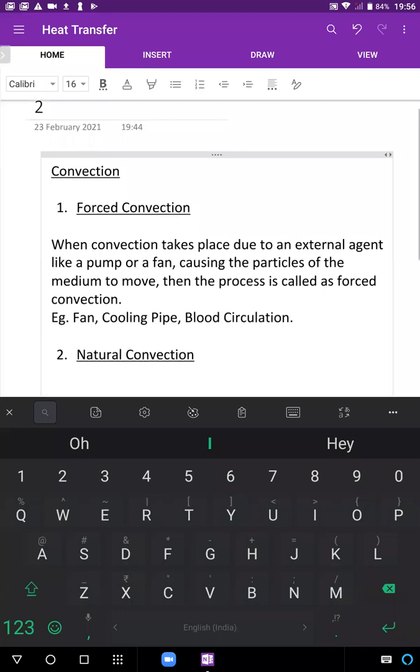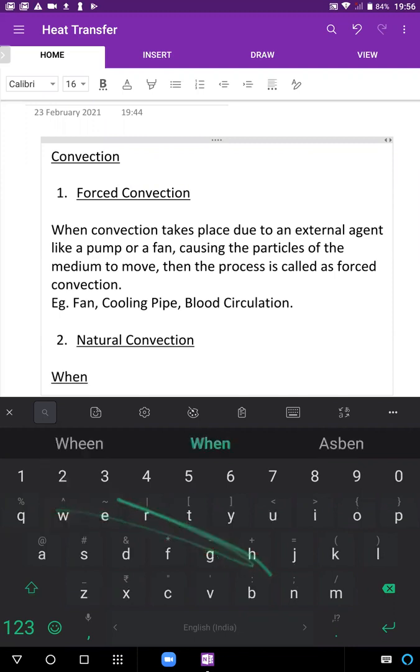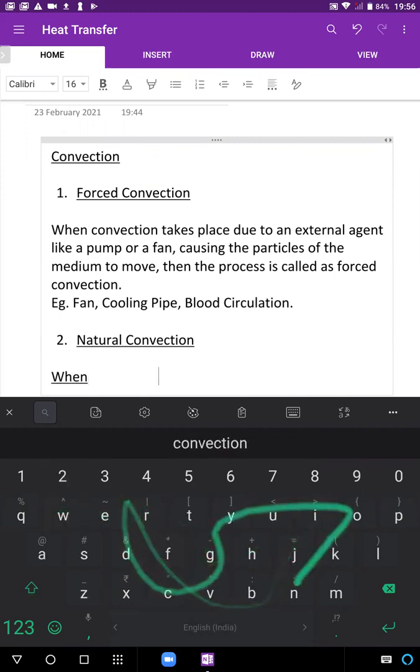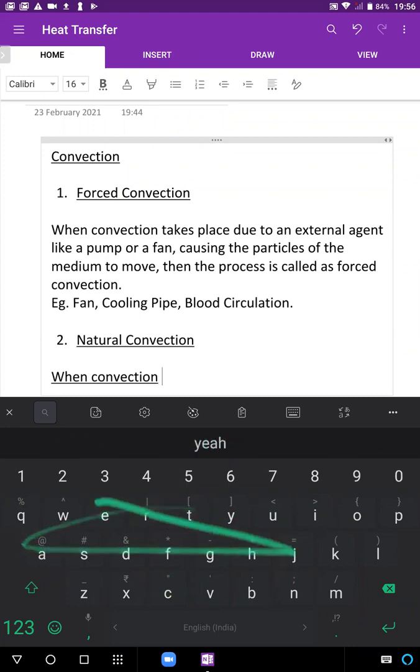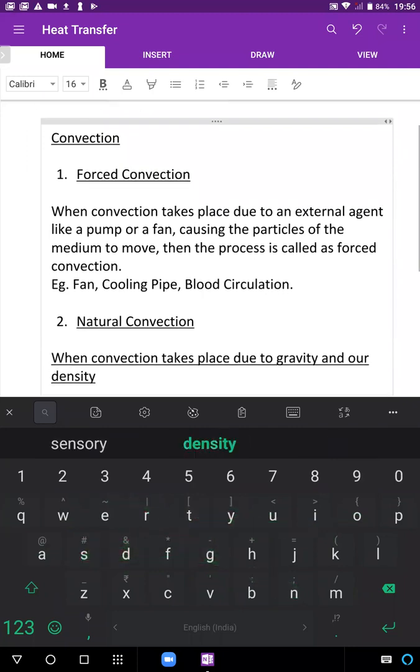So natural convection is when convection takes place due to gravity and or density differences in a medium.